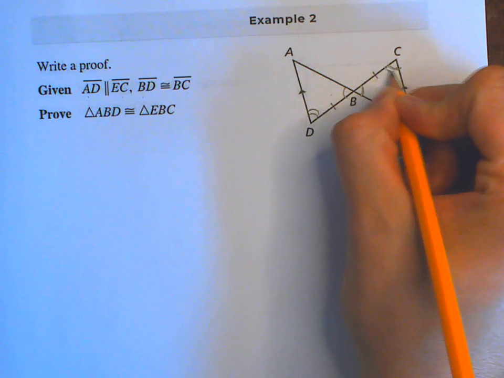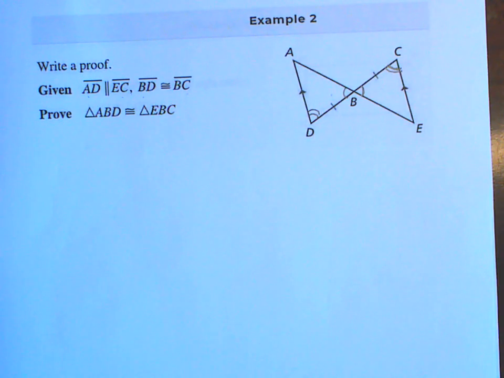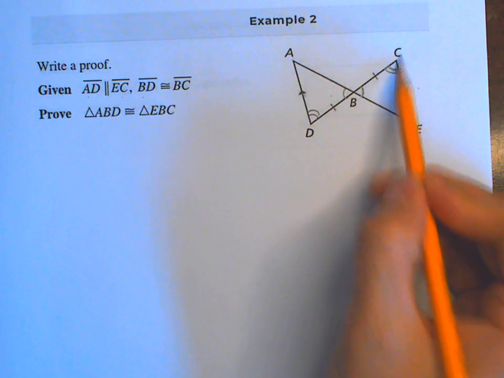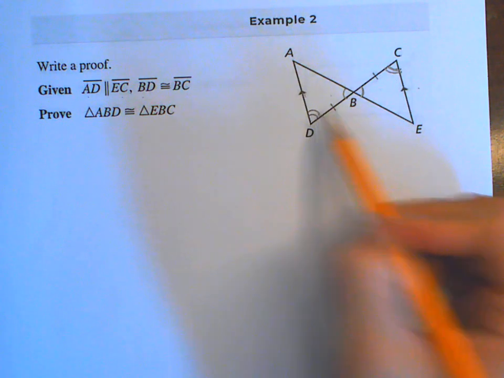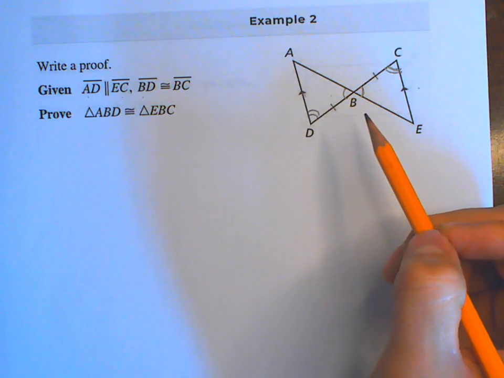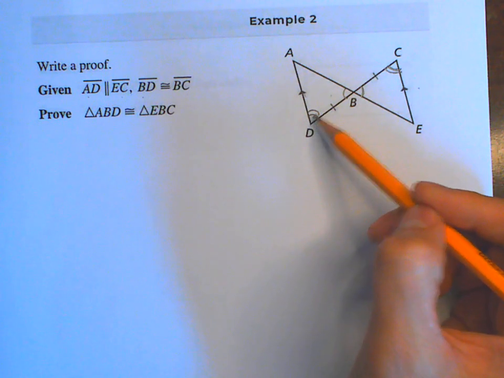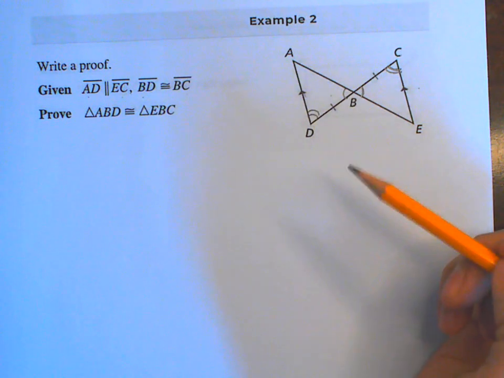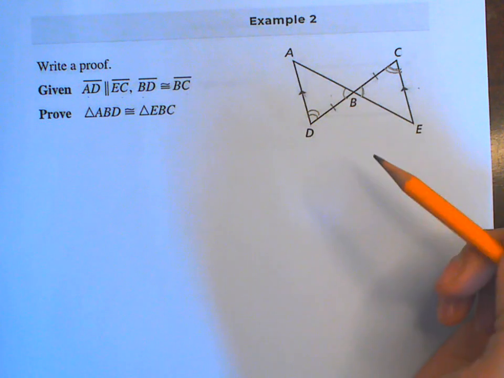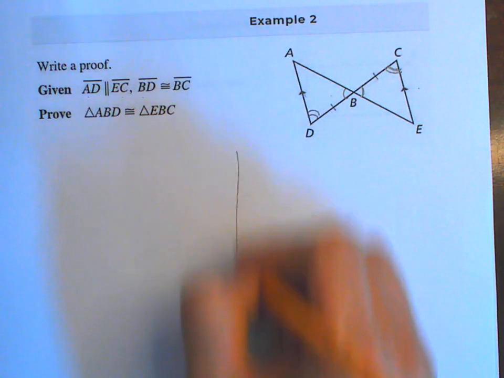And why is that? Because you have a set of parallel lines cut by a transversal. This angle and this angle are alternate interior angles. Therefore, now you have angle, side, angle, angle, side, angle. Okay, so I have enough to do my proof now.